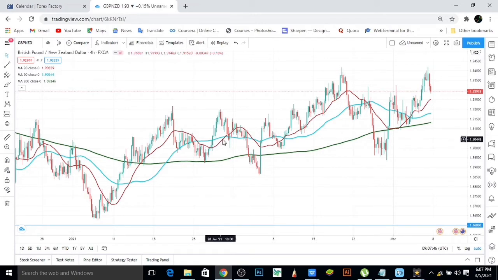When the 20 moving average crosses upward above the 50 moving average, you are supposed to buy, right? So now that we are in an uptrend, what opportunities are we looking for?